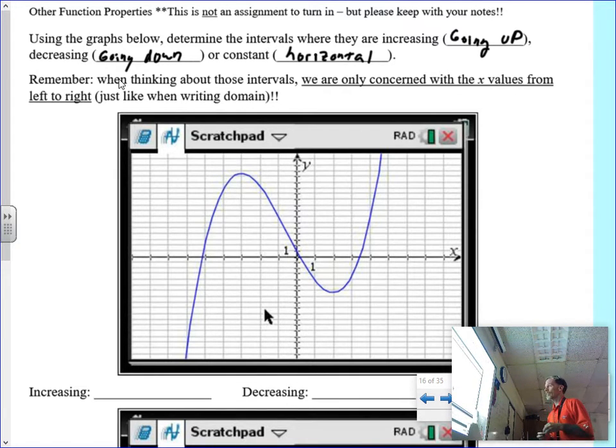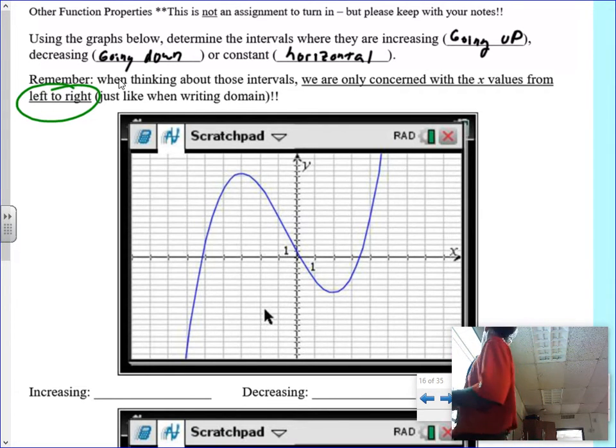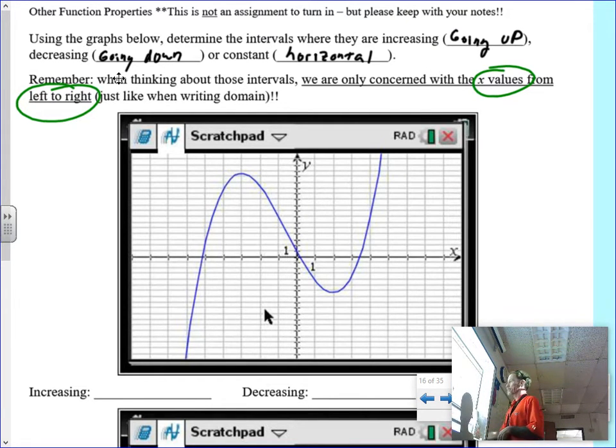Okay? So the only catch on this is that these are x intervals. So we really don't care about the y values. All we care about are the x values. And again, we're going to write the intervals just like we did on the domain, from left to right, and also just the x values.